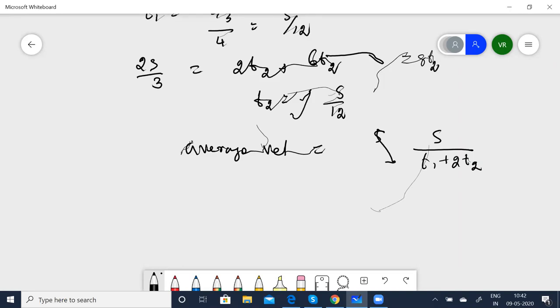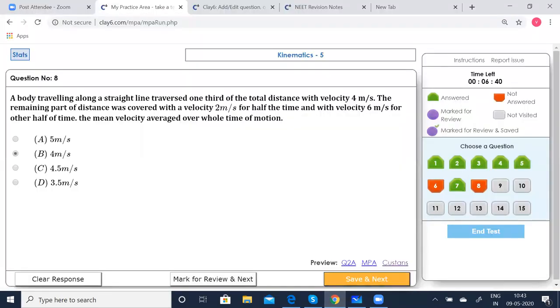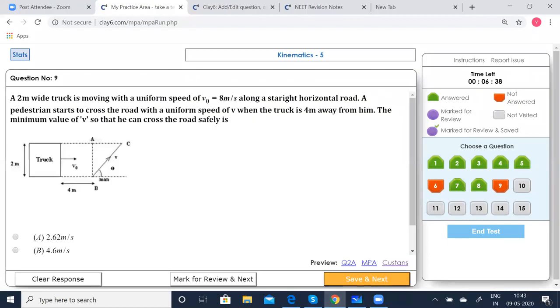T1 is S by 12, so this is going to be 2S by 12. When you simplify and find out, you can see it is now going to be 4 meters per second. Let's see which option is correct. 4 meters per second, B option is correct. So save that, go to the next one.